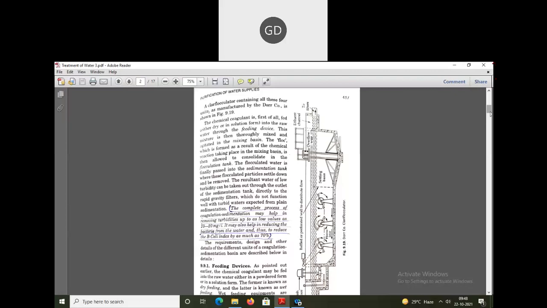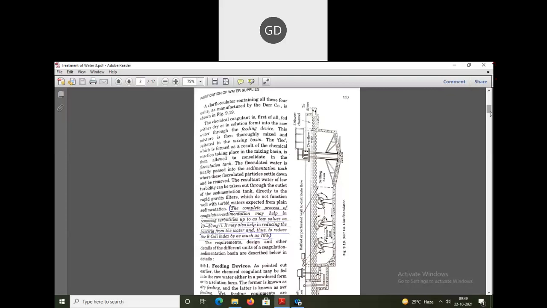In the second part, the mixing basin, the chemical coagulant and the raw water are thoroughly mixed, and as a result, a flock is formed. We have already learned what a flock is in the last class. This flock is formed as a result of the chemical reaction which takes place between the chemical coagulant and the water.